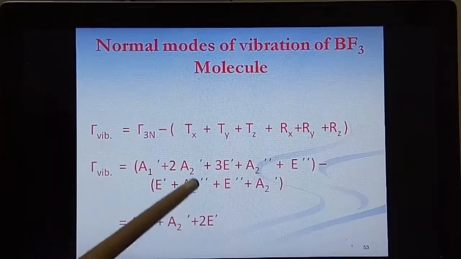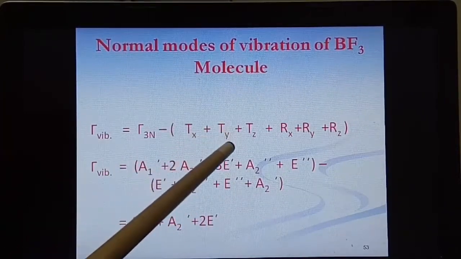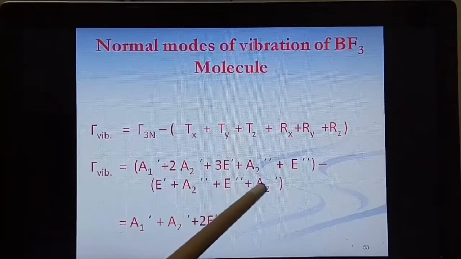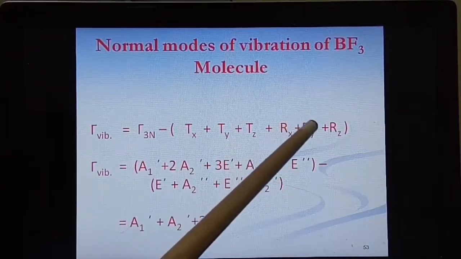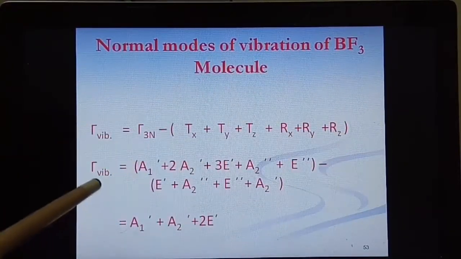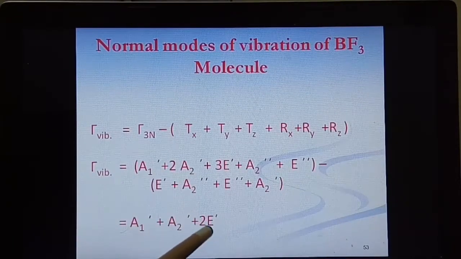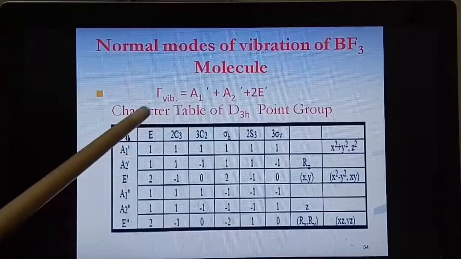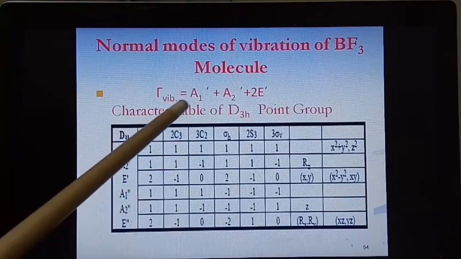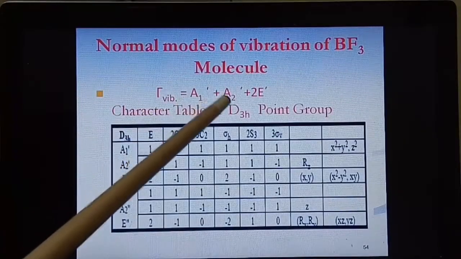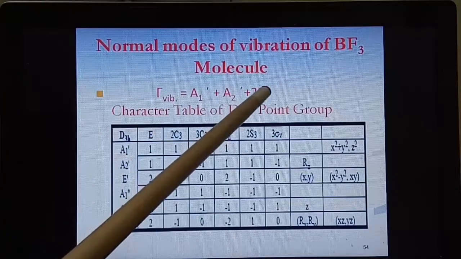This is the value of Tx plus Ty plus Tz, and this is the value of Rx plus Ry plus Rz. So tau vibration will be equal to A1 dash plus A2 dash plus 2E dash.